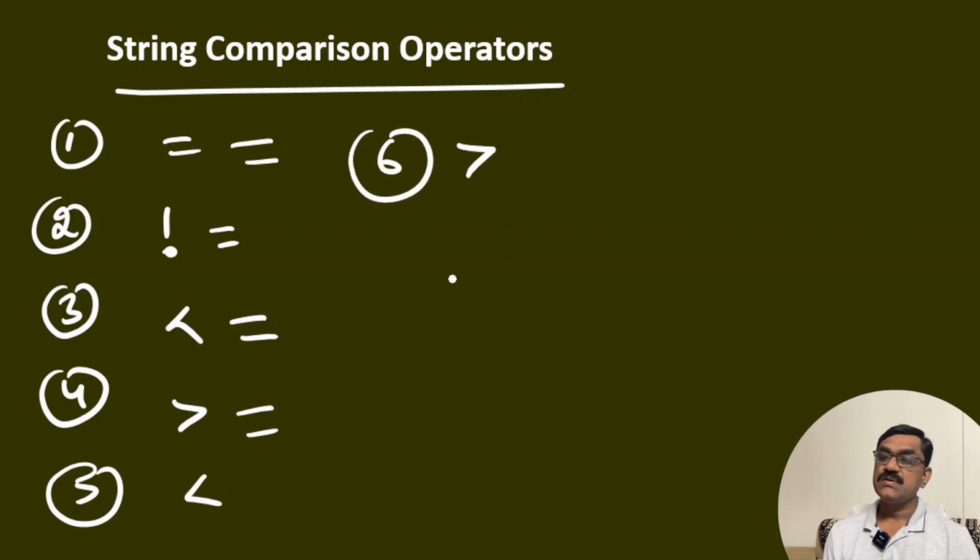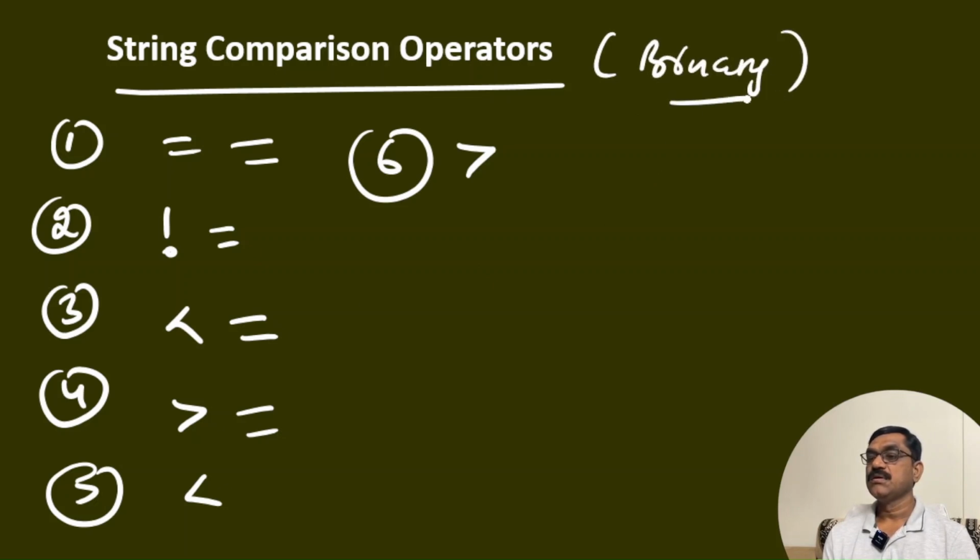The string comparison operator is a binary operator. What do we mean by binary operator? Binary in the sense that it operates on two strings. These are the relational operators. We are not going to perform them on numbers; we are going to perform these comparison operators on strings.